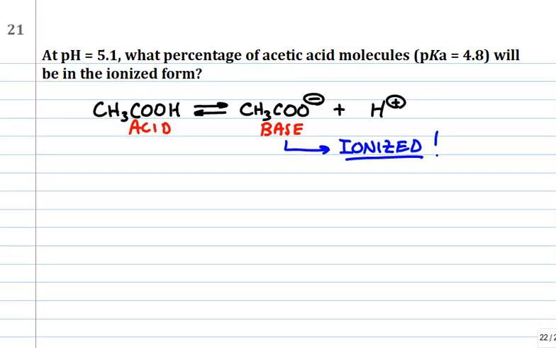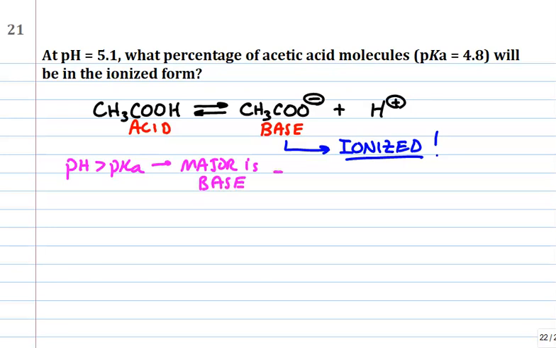So we already know, from the given information, that the pH is greater than the pKa of acetic acid. I just gave you that. That's in the problem, right? So you know that the major form is the base form.